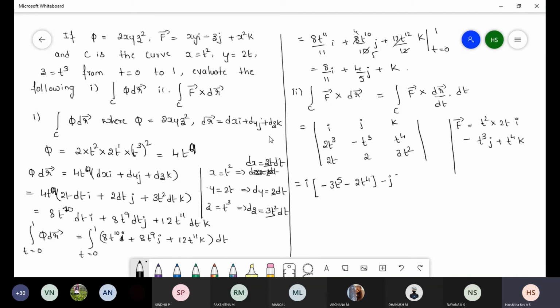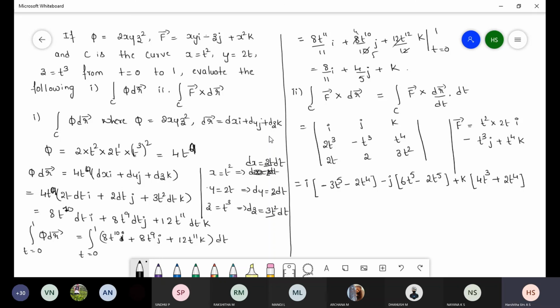Again minus j into 3 2s are 6 t power 5 minus 2 into t power 5, plus k into 2 2s are 4 t cube minus into minus plus 2 into t power 4.